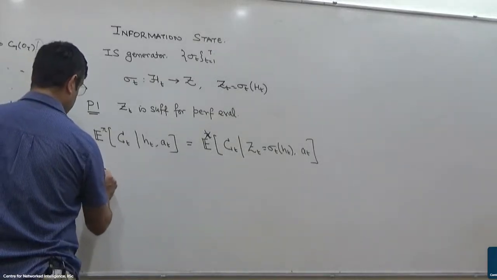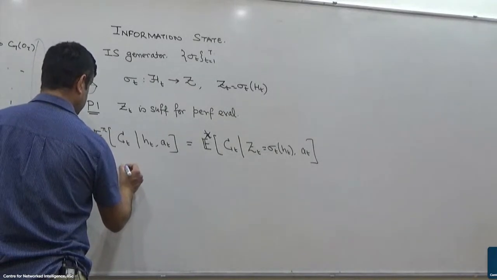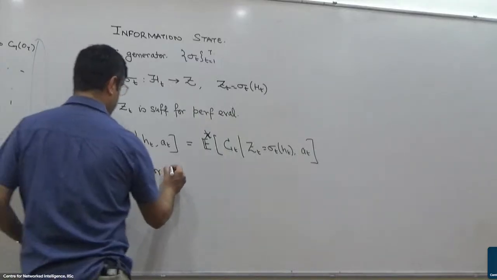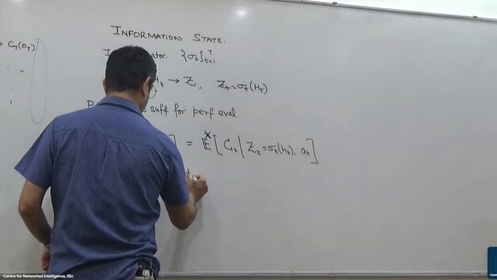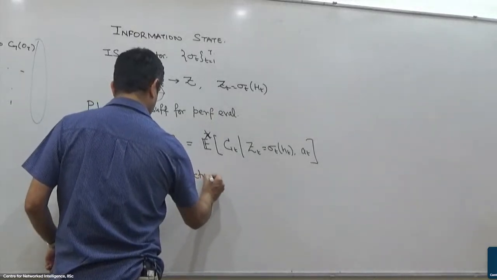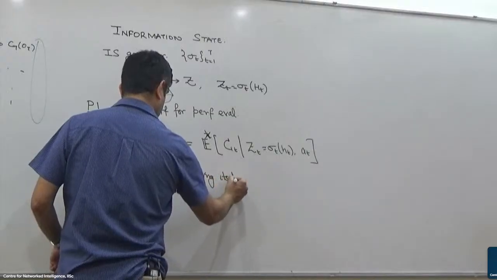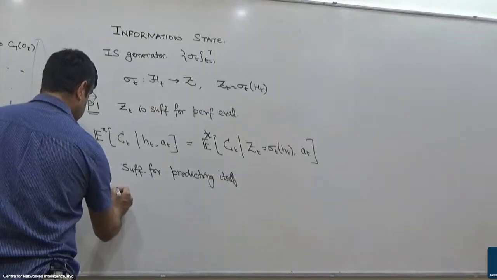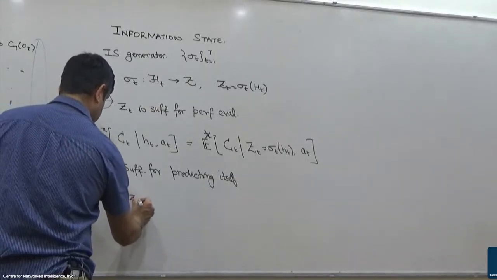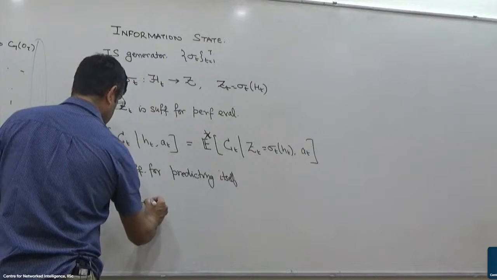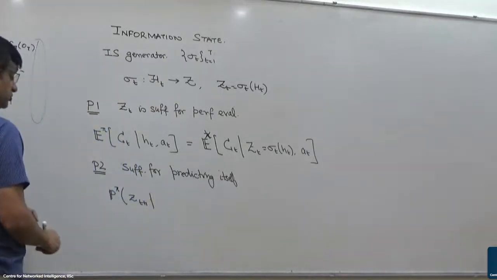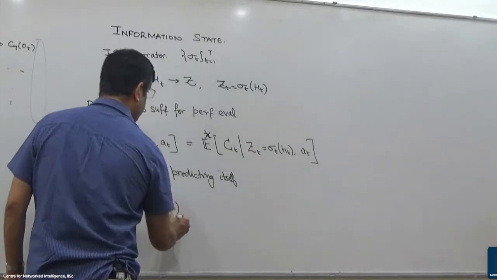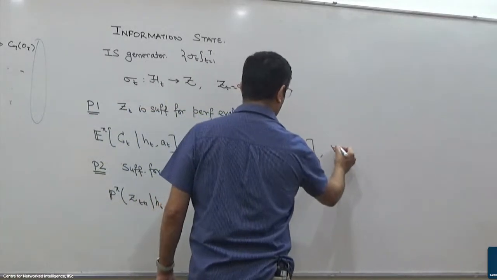P2 is that it is sufficient for predicting itself. Okay. So, that means when I look at the probability distribution of the next information state conditioned on Ht and At, sorry, this should be true for all Ht, At.